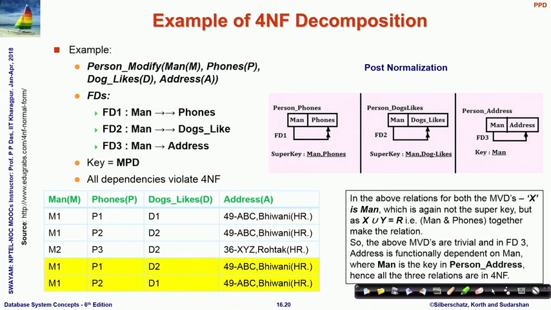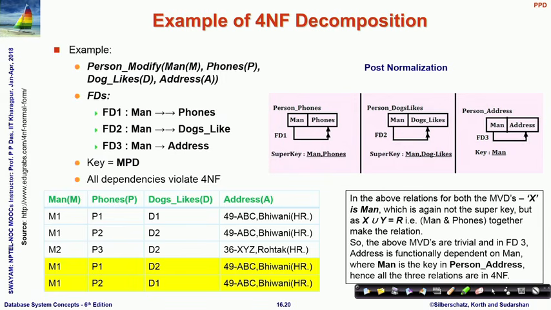So, all of these dependencies will violate the 4NF, because none of them are trivial, and for none of them is the left hand side a super key, because the key is MPD. So, you can see that on instances of this relational schema, you will have multiple redundant records in the actual instance.